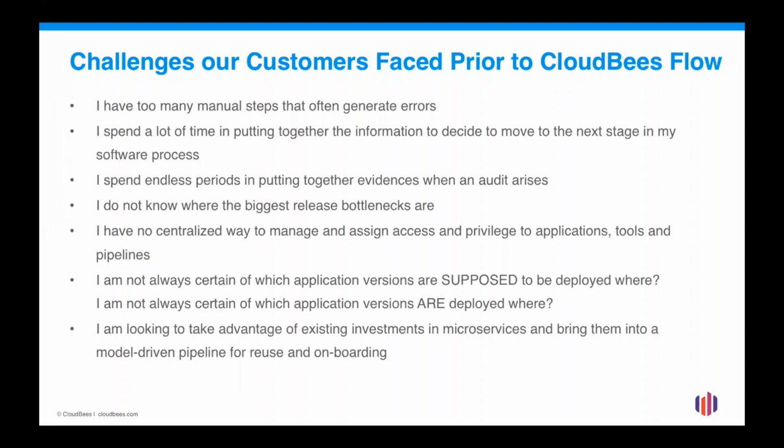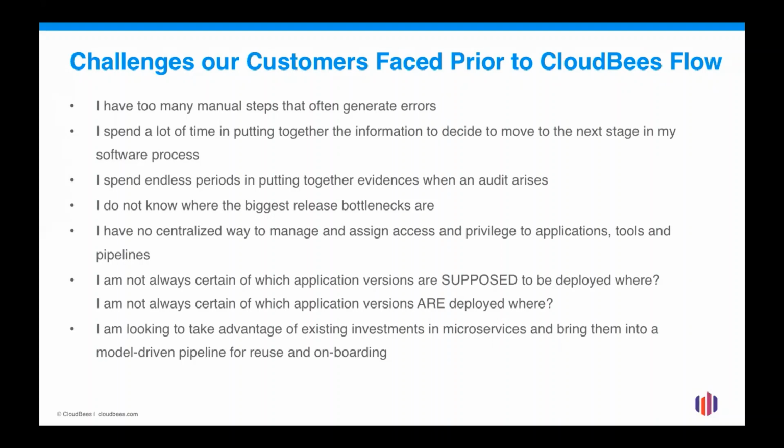Also, I spend a lot of time putting together information so that I can make decisions, because I'm using a lot of tools and there are a lot of teams. It's sometimes difficult to put people's time and tools' information together, so I don't go as fast as I would like in order to release.